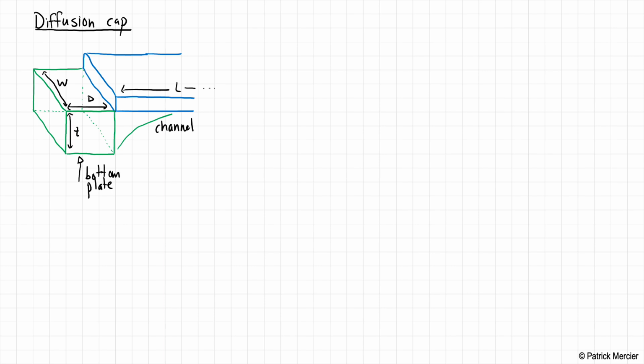So there's junction capacitance. We'll call it CJBS. And this is the capacitance per unit area of the bottom plate. And this is in units of femtofarads per square micron.